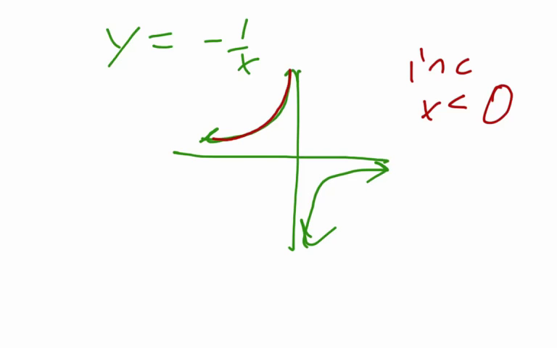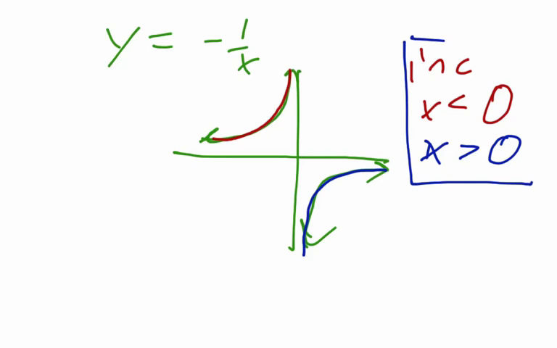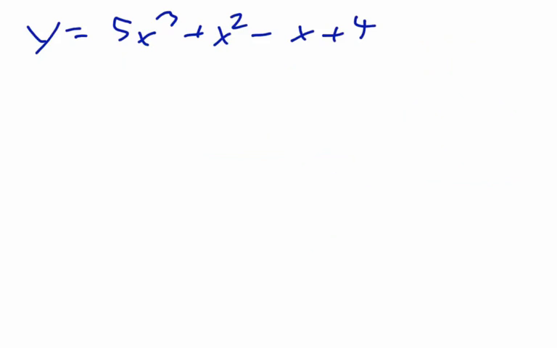Then there's a discontinuity at 0, and then I'm increasing again when x is bigger than 0. So this graph is increasing both when x is less than 0 and when x is greater than 0. So we have nowhere where this graph is decreasing, and we don't worry about 0 because that's a discontinuity.